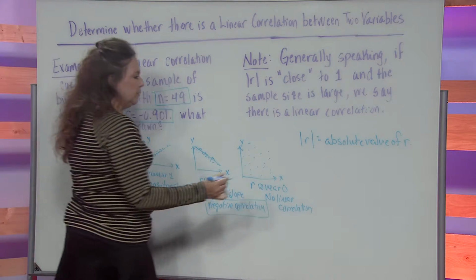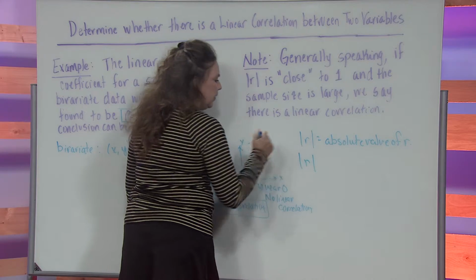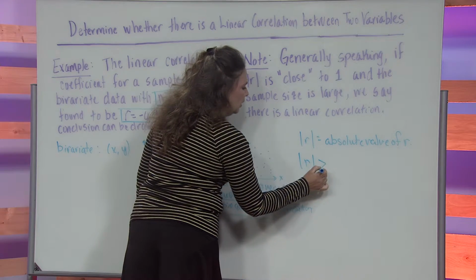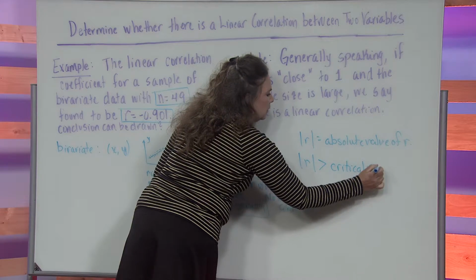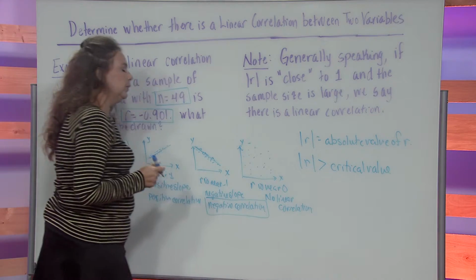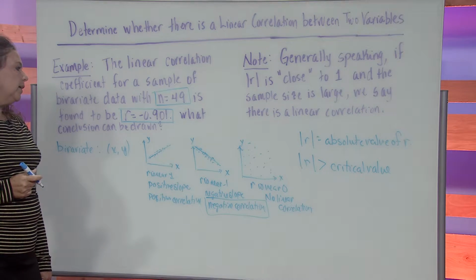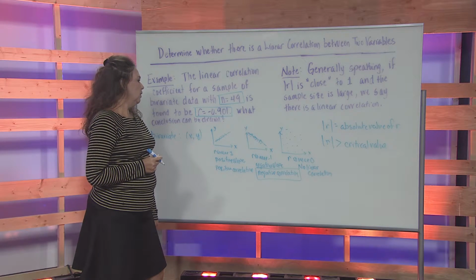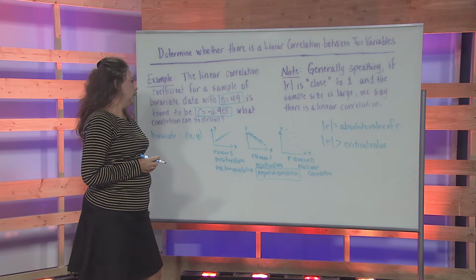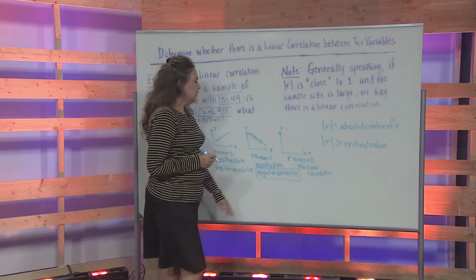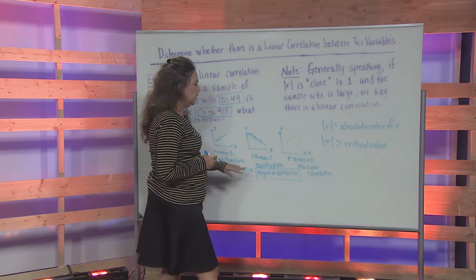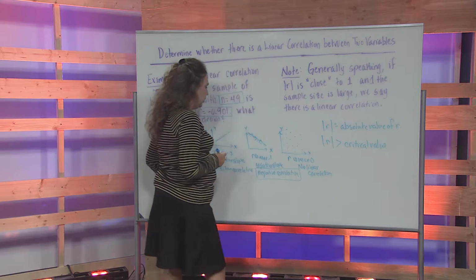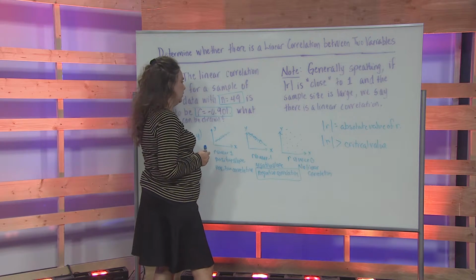If the absolute value of that linear correlation coefficient is greater than a critical value, then we can say that a linear relationship exists between x and y. If r is near positive 1, it would be a positive correlation. If r is near negative 1, then it would be a negative correlation.